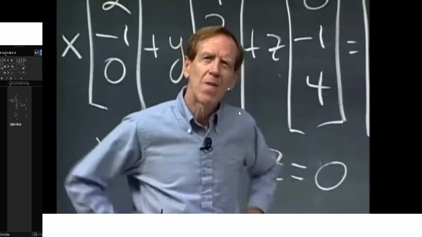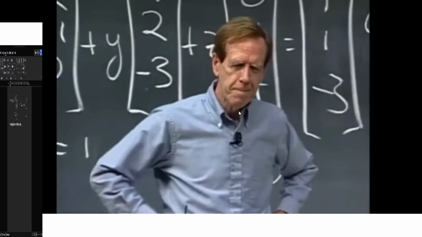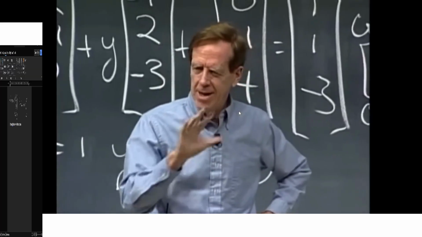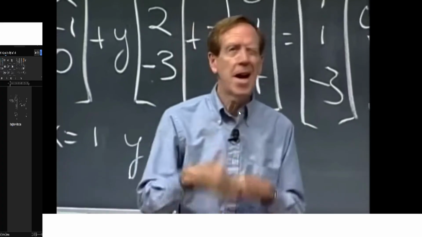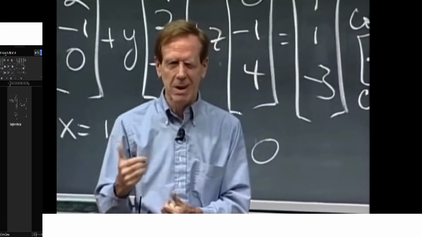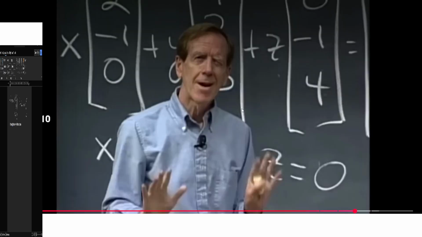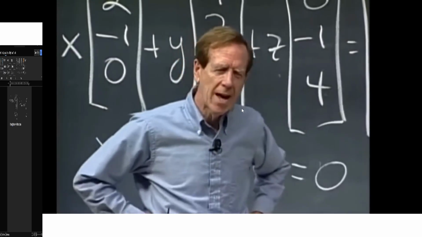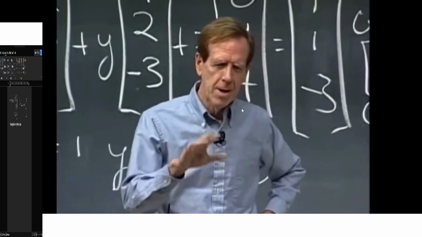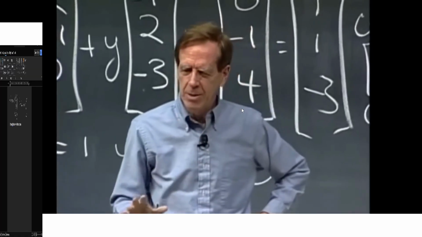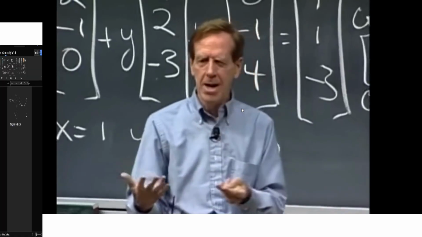Can you sort of think about 9 vectors in 9-dimensional space and take their combinations?